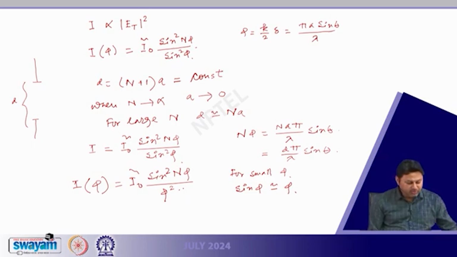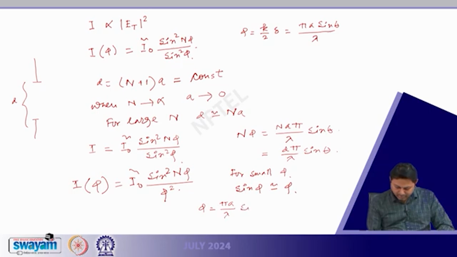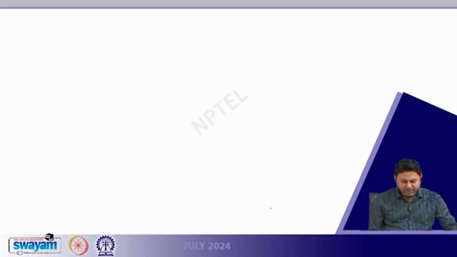So, I redo that, where phi is that quantity pi A whole divided by lambda and sin theta, that is the value of the phi. Now, today I would like to modify this thing slightly.